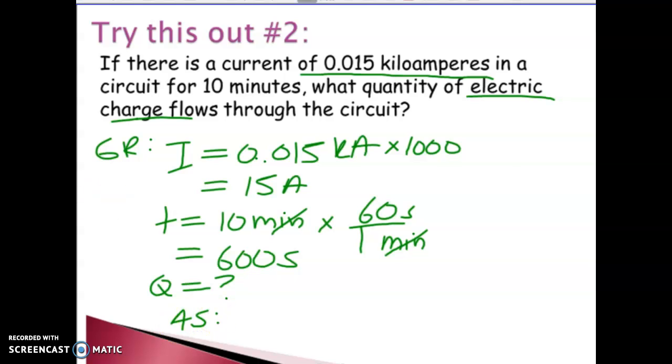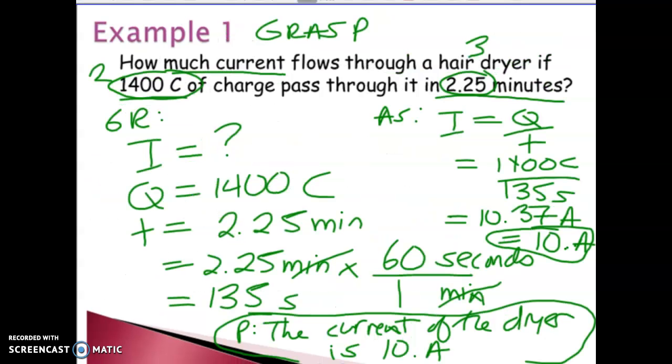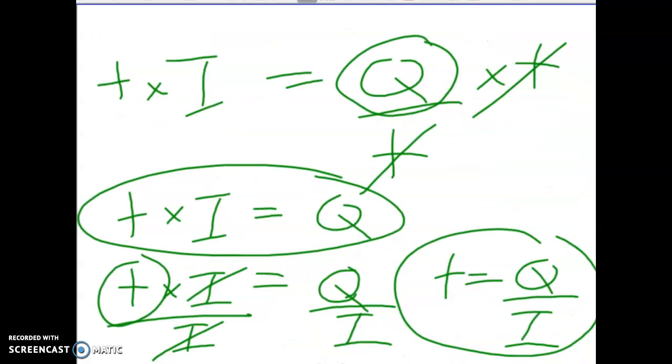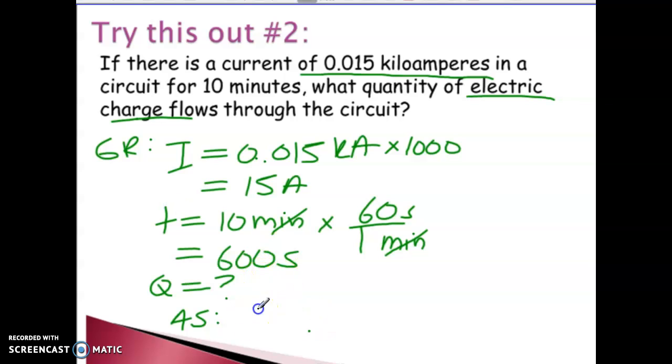Okay, so rearranged, let's go back to this, where we looked at this before. Q is equal to time times current. We already have these values converted.